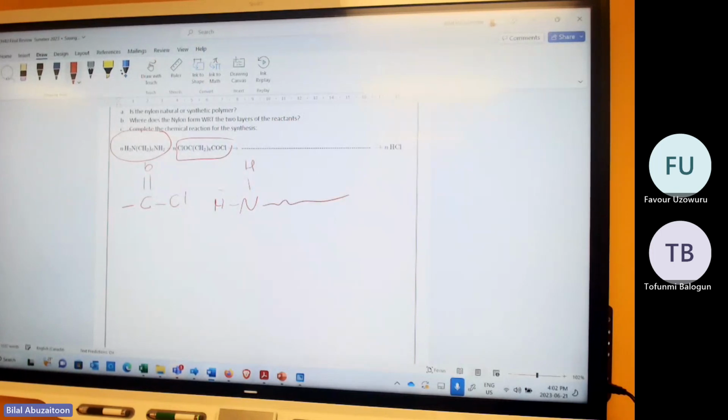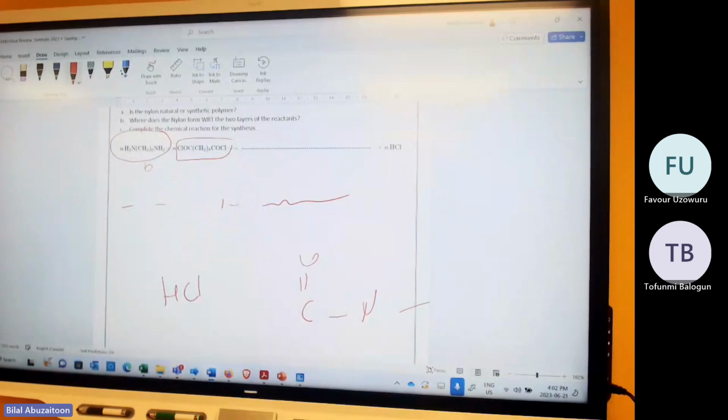This H with this Cl leaves as HCl, and N bonds with the C, giving C double bond O N. So this is condensation. Yes, Ahmed? It's the Cl, sorry. Okay.